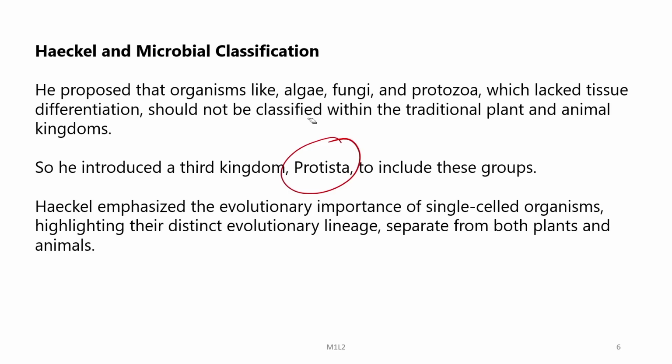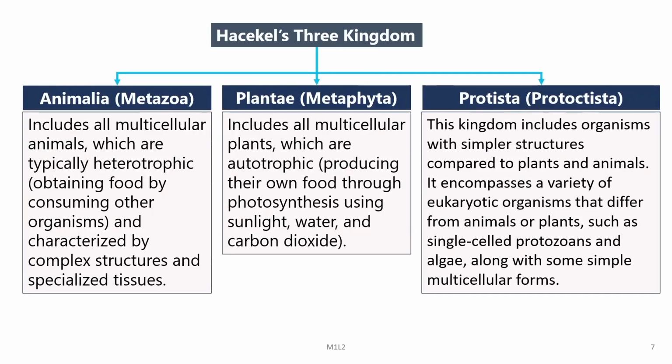Haeckel emphasized the evolutionary importance of single cell organisms, thereby highlighting their distinct evolutionary lineage separate from both plants and animals. So, in brief, Haeckel's 3 kingdom concept can be discussed as follows.